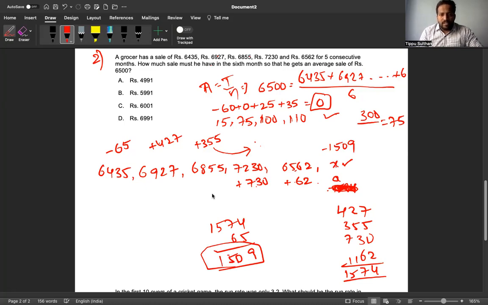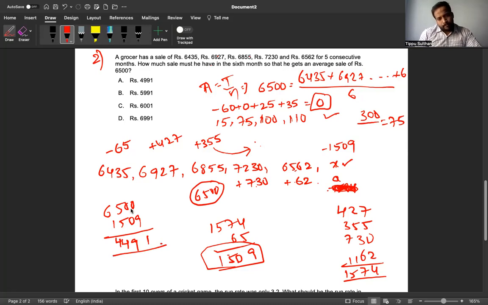What is the average given? 6500. So to get the answer, you have to subtract 1509 from 6500, guys. That is what your answer is. So 9, right? You get 4. Right?